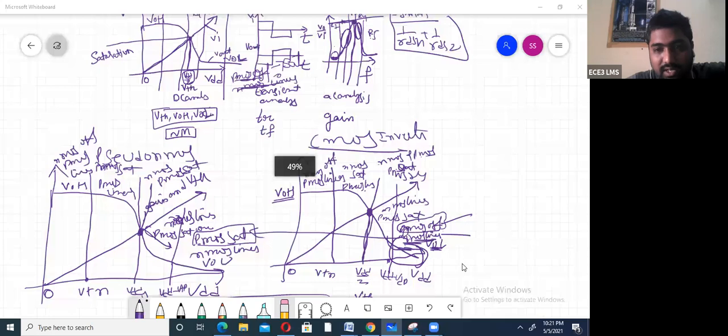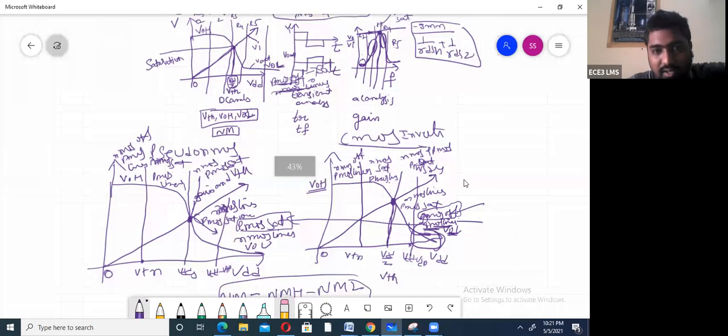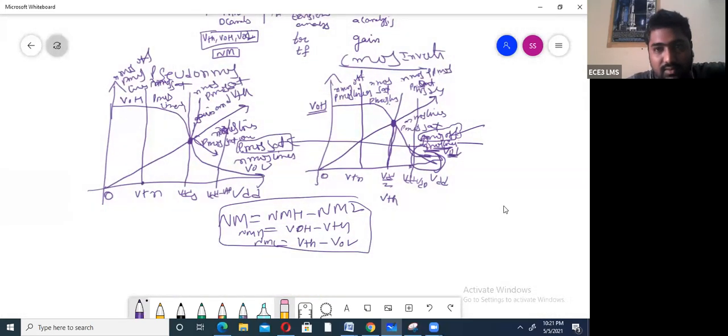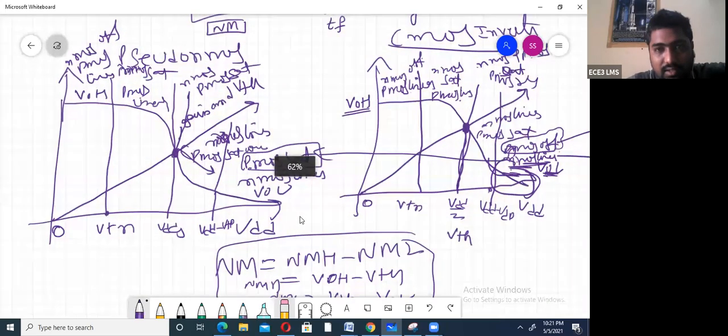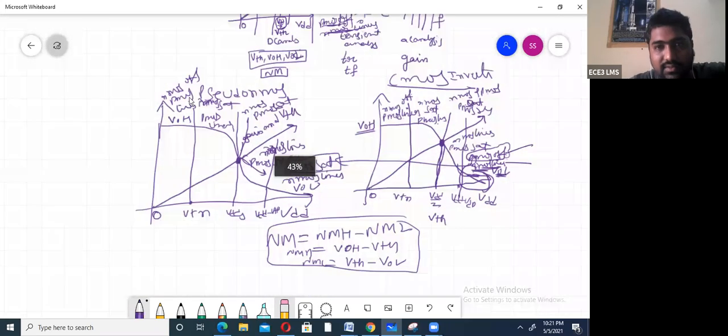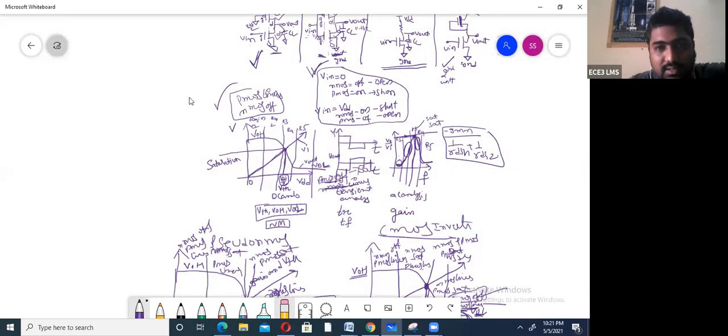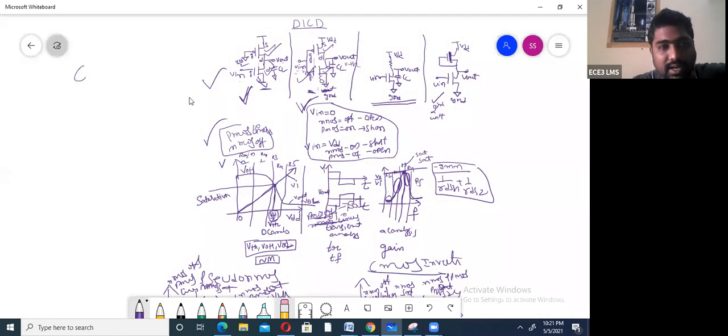The entire unit depends on this only. So you should know the circuit diagram first. Before that, you should know the current equations, linear current and saturation current equations, of NMOS and PMOS.